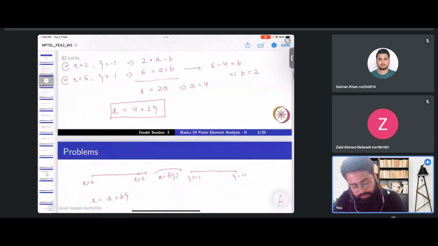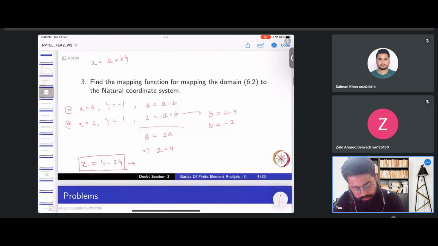So if we take the Jacobian, what would be dx by d zeta? We'll get 2. But for this case, the Jacobian is minus 2. So we get a minus sign here.